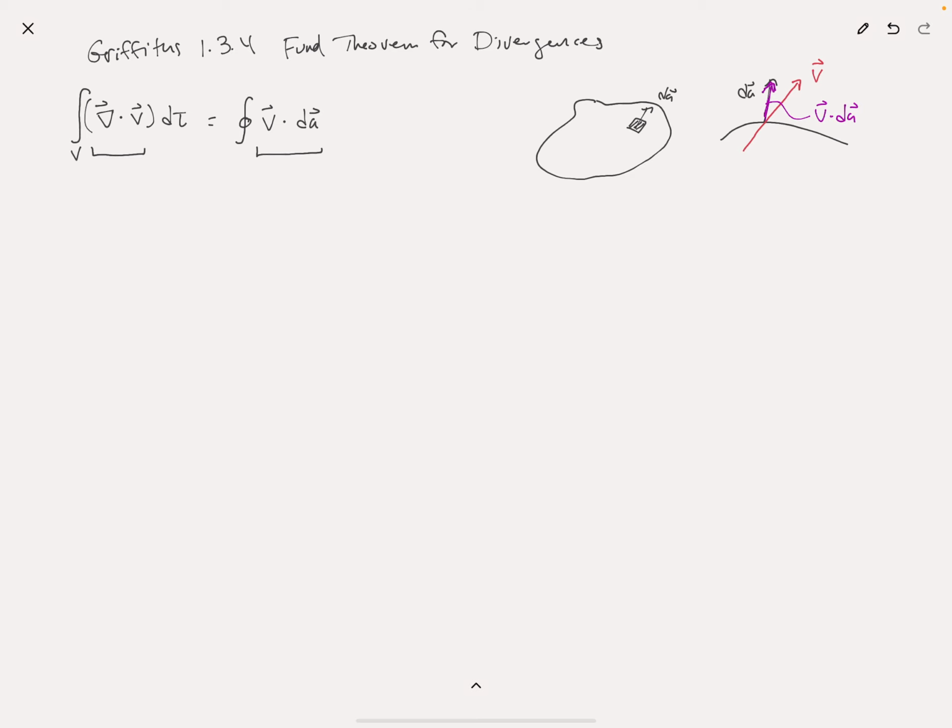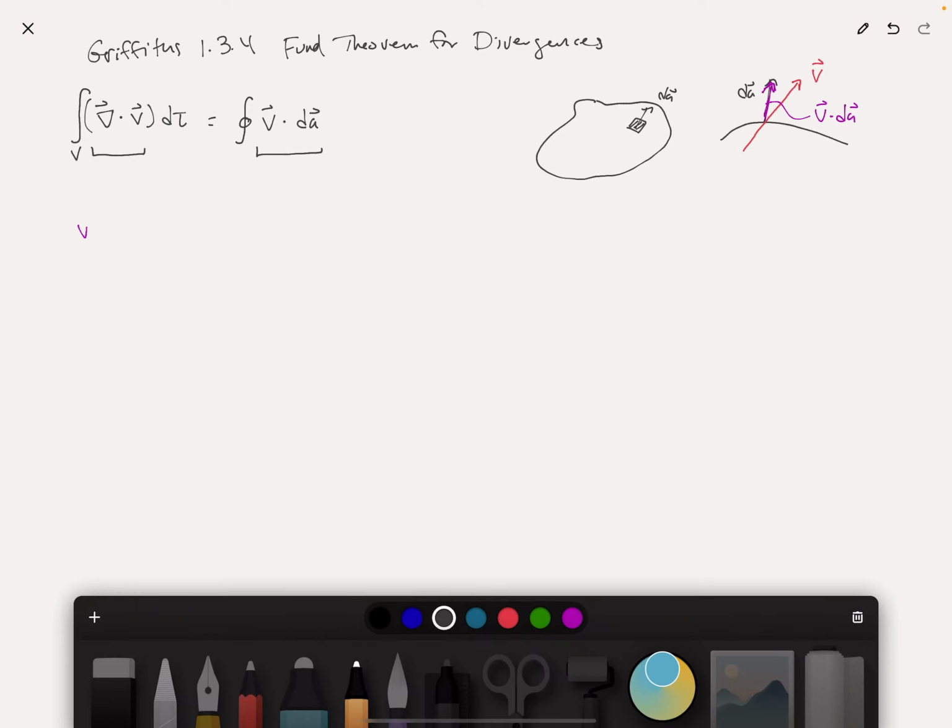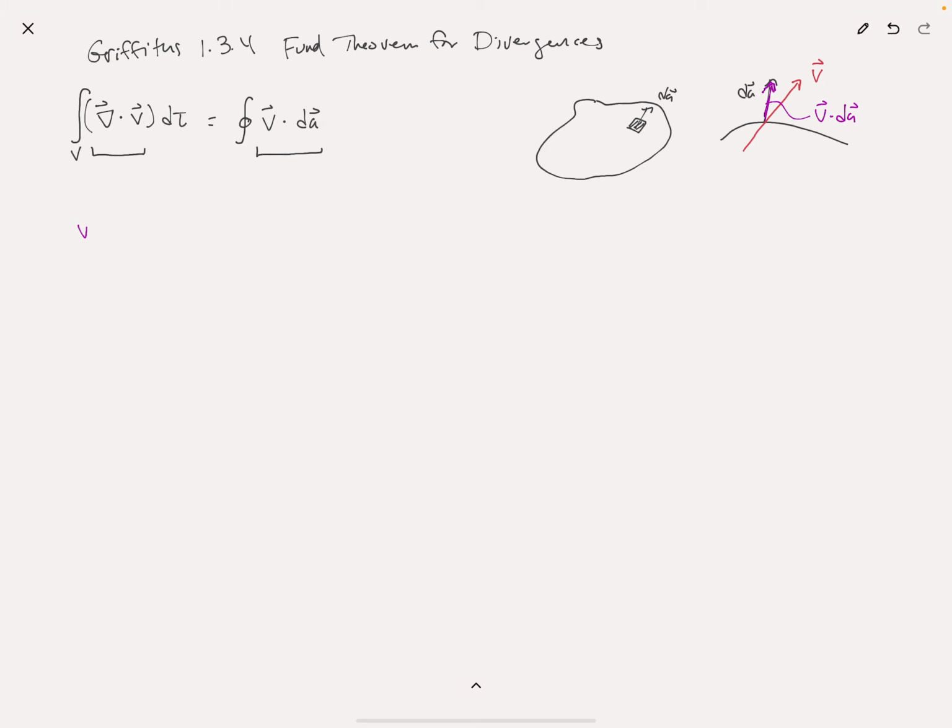All right, so let's go ahead and test this with example 1.10. We have some vector field V: y squared in the x hat direction, plus 2xy plus z squared in the y hat direction, plus 2yz in the z hat direction.